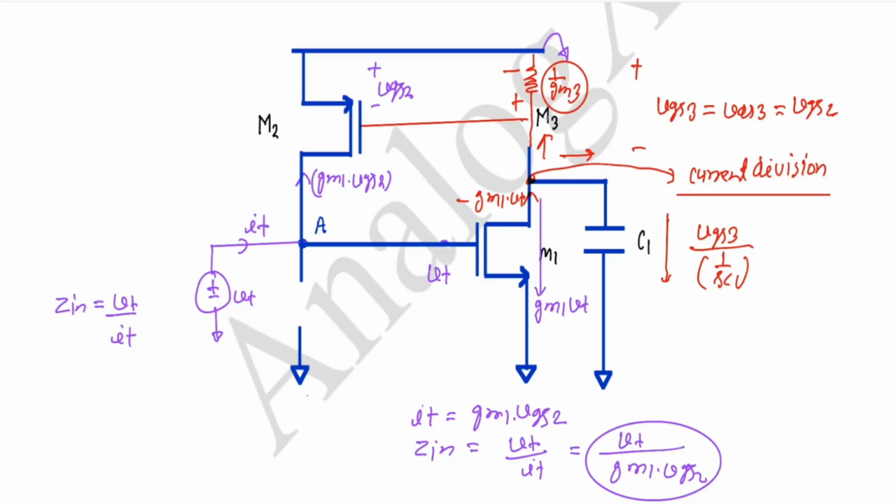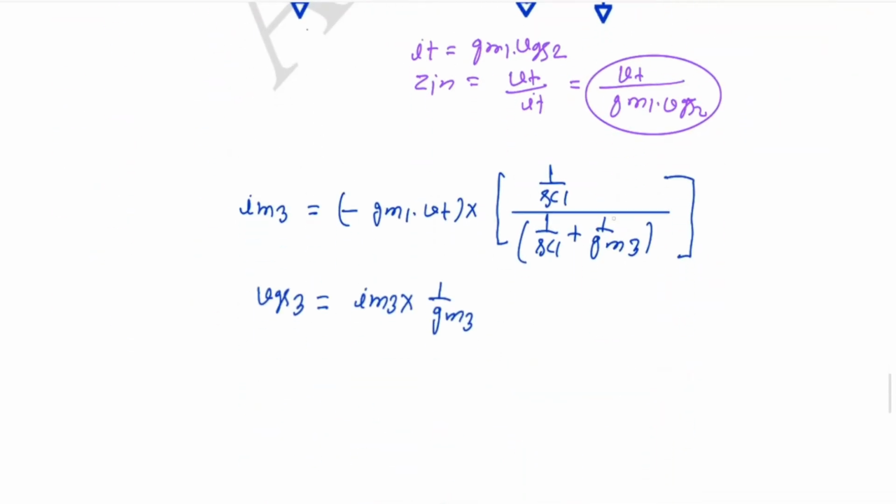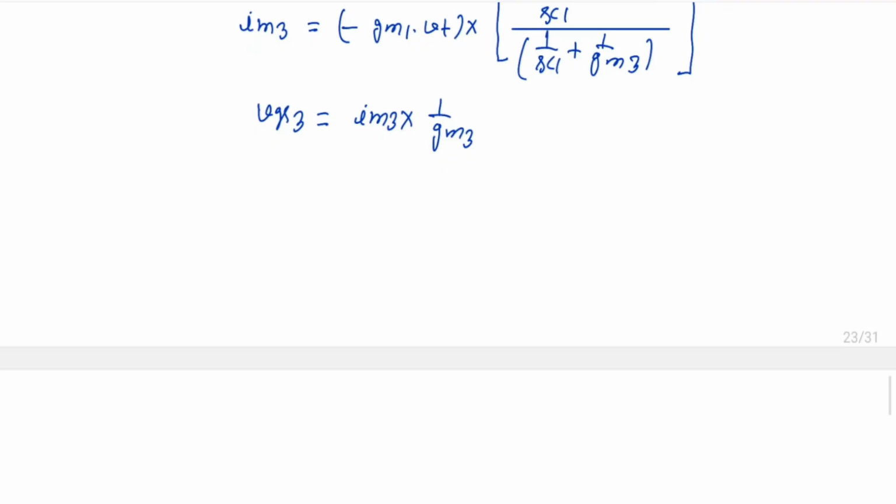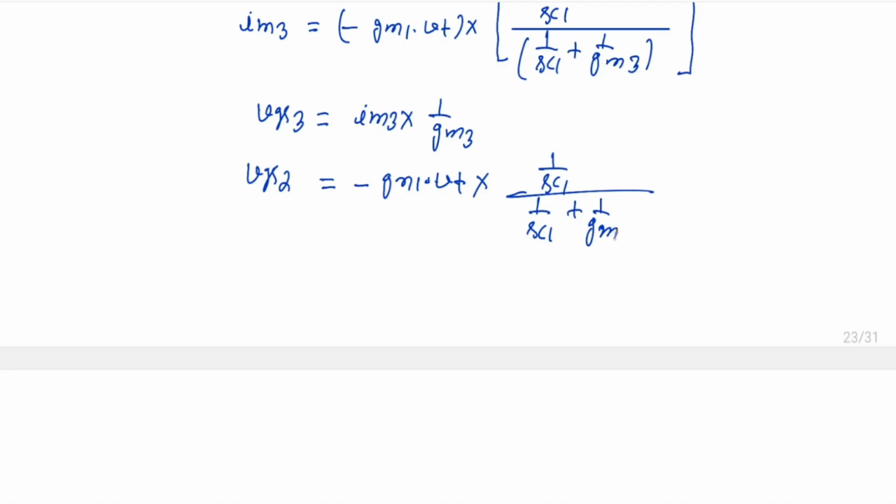Now I know this current, and I know this impedance, so I can find this voltage. Let's put it in, and this Vgs3 equals Vgs2 also. So this will be minus gm1 into Vt into 1 by sC1 divided by 1 by sC1 plus 1 by gm3, into 1 by gm3.